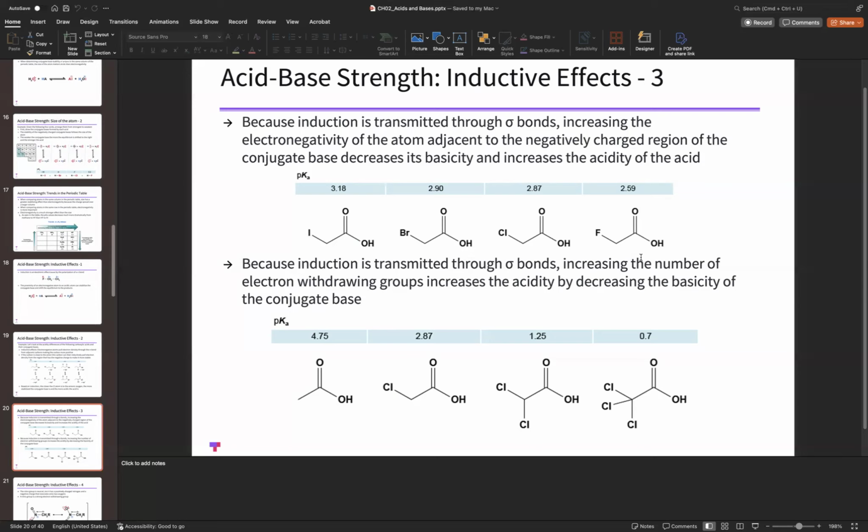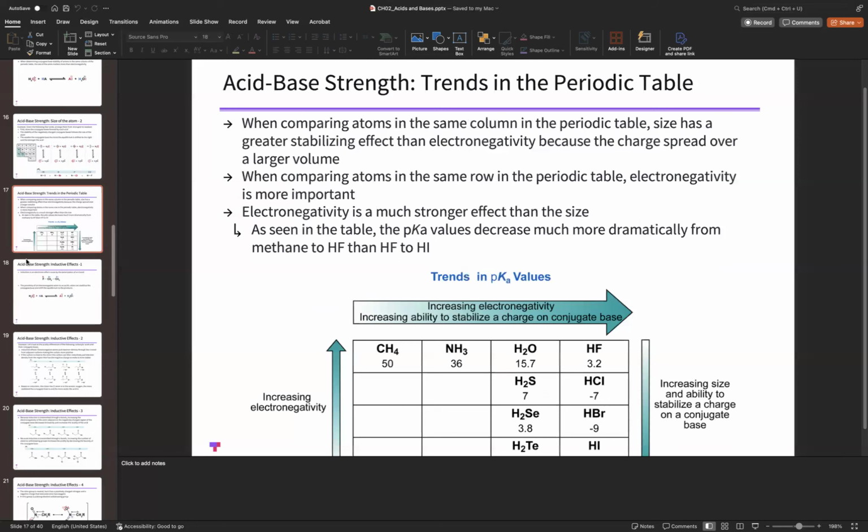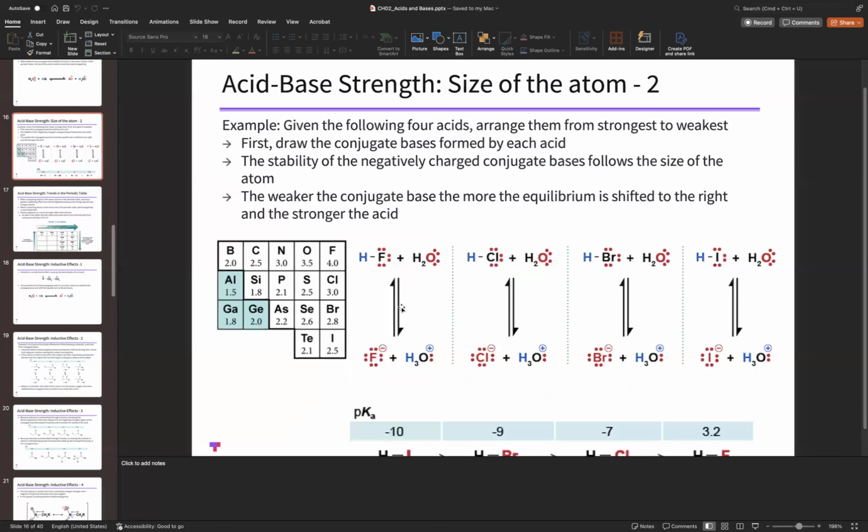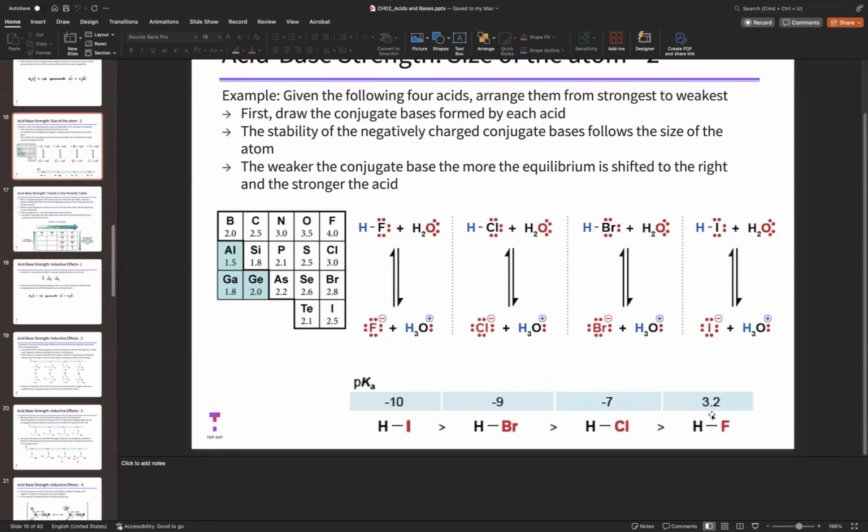The reason I said that you might get confused is if you are not paying attention. Earlier, we were looking at the trend based on size, right? Size trend here. And we know that HI is the strongest acid and HF is the weakest acid because the conjugate base was just the iodide or the bromide, chloride, fluoride, and we are looking at their sizes.